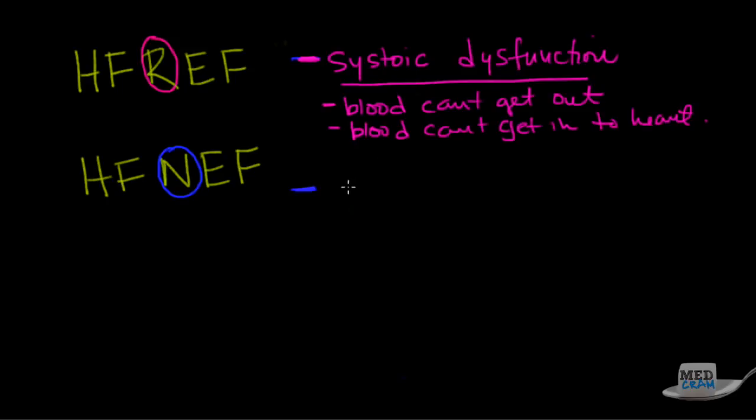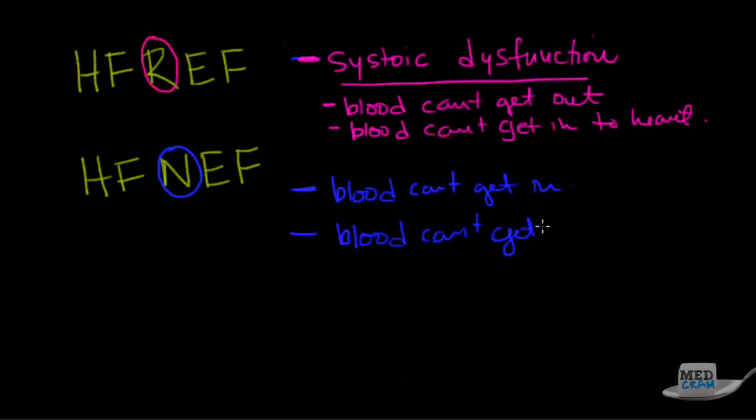The problem is that blood can't get into the heart because the muscles won't relax. When the muscles don't relax, they can't relax enough to allow the blood to come into the heart during diastole. And so here the problem is the blood can't get in. And as a result of the fact that the blood can't get into the heart, the blood can't come out of the heart. The heart can't pump that blood out if it's not getting in.